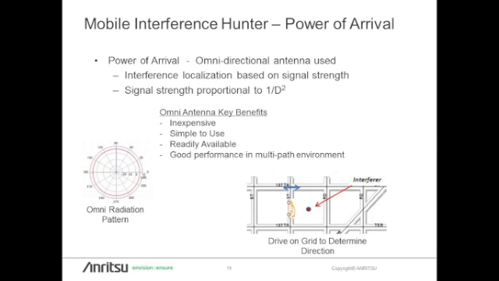And one thing I wanted to mention is that I know you may be asking, well, if you use power of arrival, how do you actually identify the interference source? Don't you need a directional antenna? And the answer is basically no. So you look at the picture in the bottom right, and it's just a little model with an orange car going down the street, and an interferer, shown by the red dot.